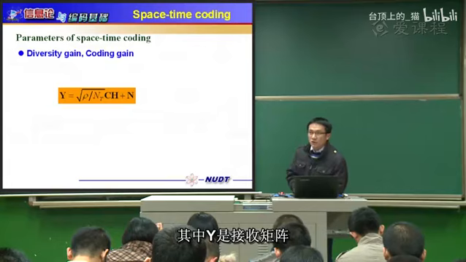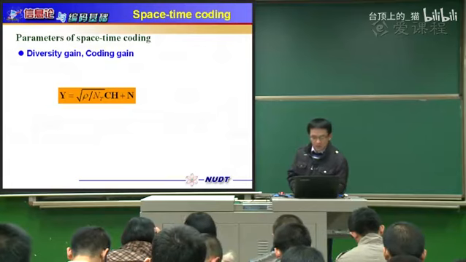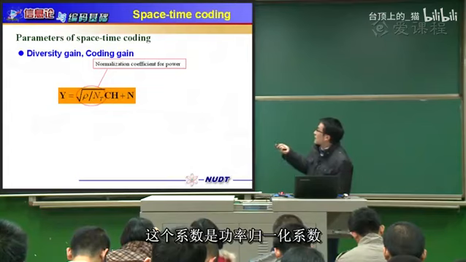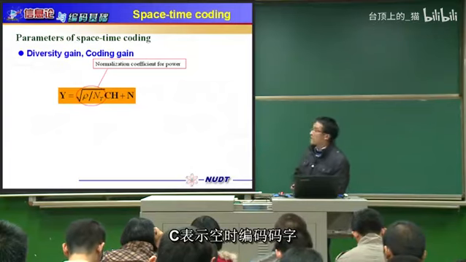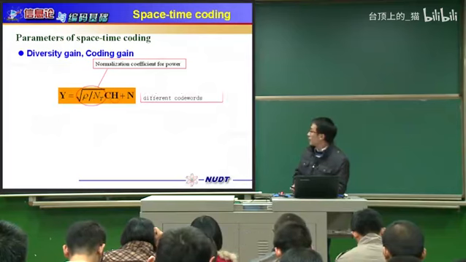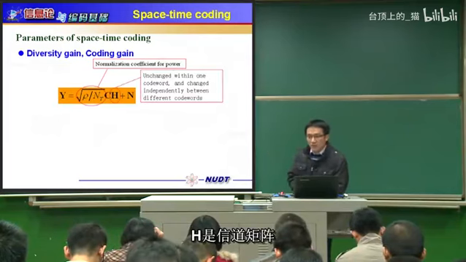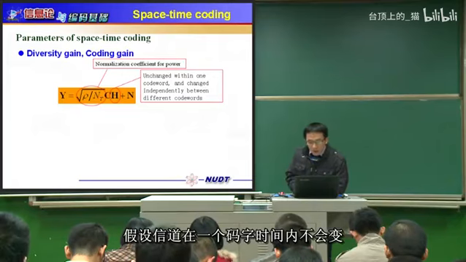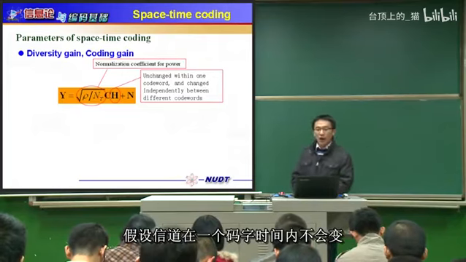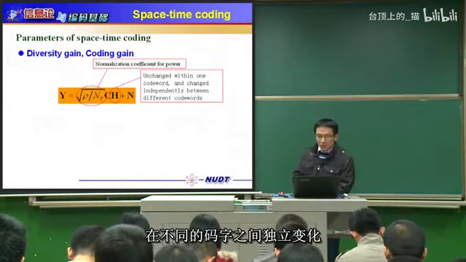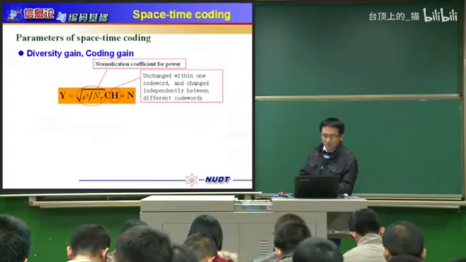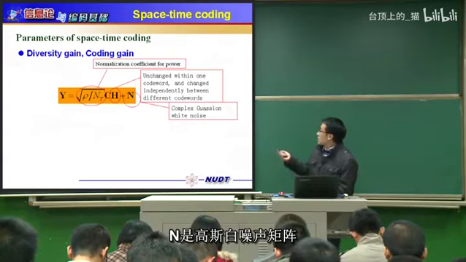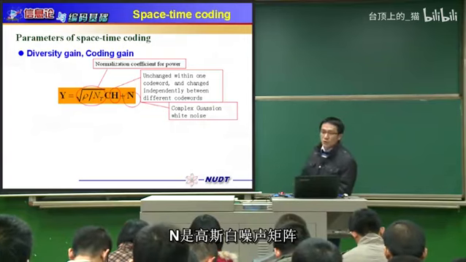Y is a receive matrix, and this coefficient is a normalization coefficient for power. C is a space-time code. H is a channel matrix, which is unchanged within one code word and changing independently between different code words. And N is a complex Gaussian white noise matrix.